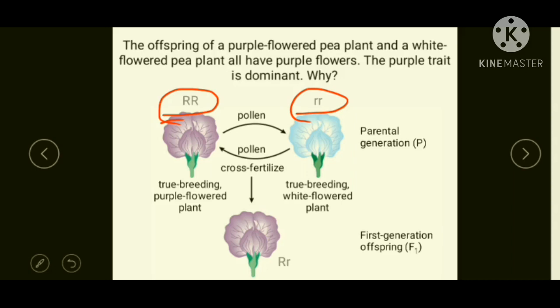When we cross these two plants, which are the parental generation, we get the first filial generation. All plants have what? Purple flowers. Why? Because they receive at least one dominant allele from one parent.